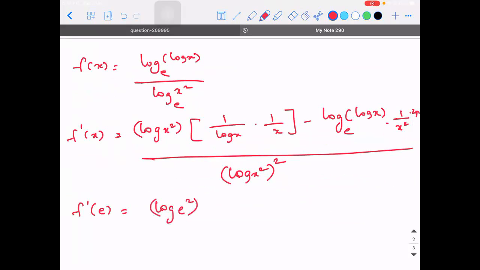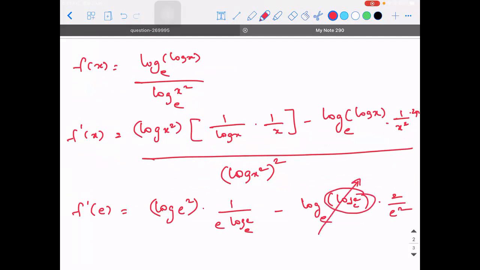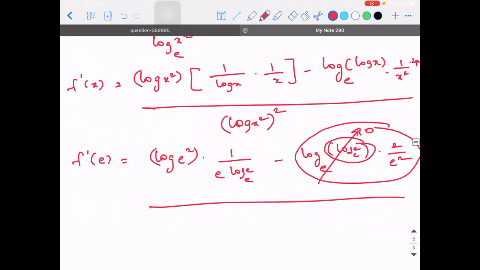So log of e square into 1 by e into log e base e, minus log of log e base e into 2 by e square. Log of 1 is going to be 0. So this whole thing is 0 divided by log of e square, the whole square.